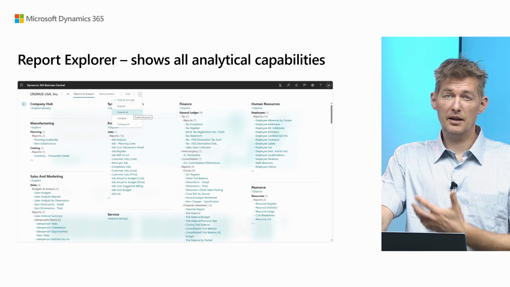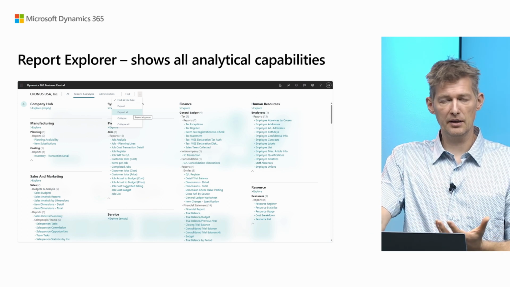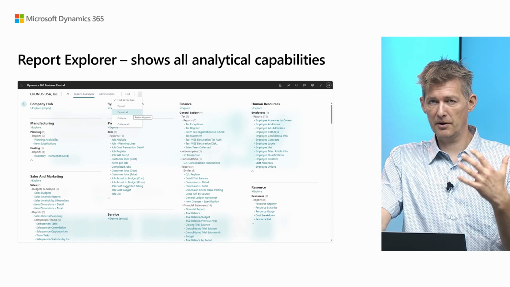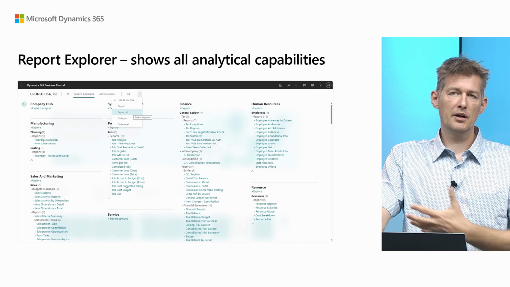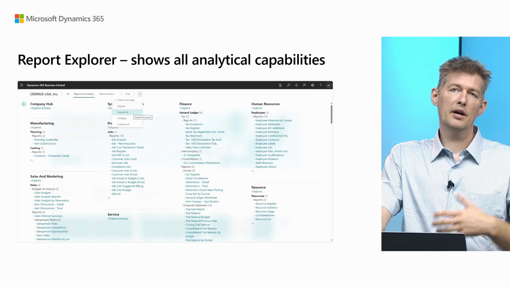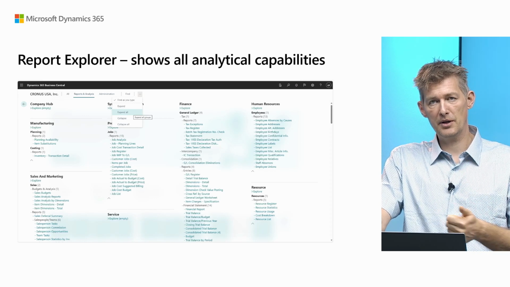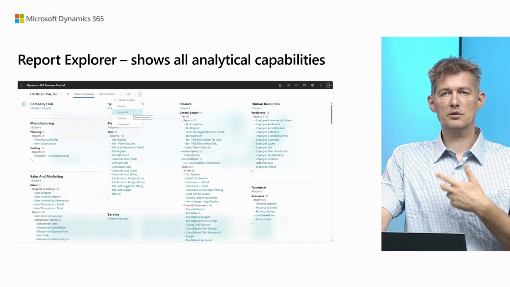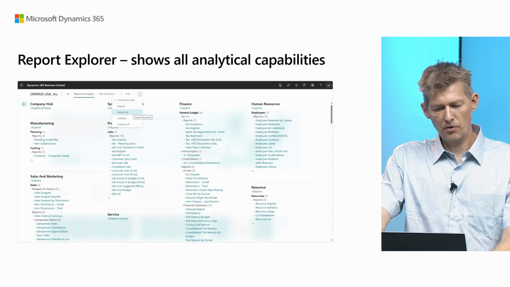You actually see that there are a lot of analytical capabilities built into Business Central. So that's part of the vision. You remember the vision: built-in analytical content for every use case or every main feature in Business Central. It's right here, and we're going to add to that with queries and with reports and other reporting artifacts. All right.